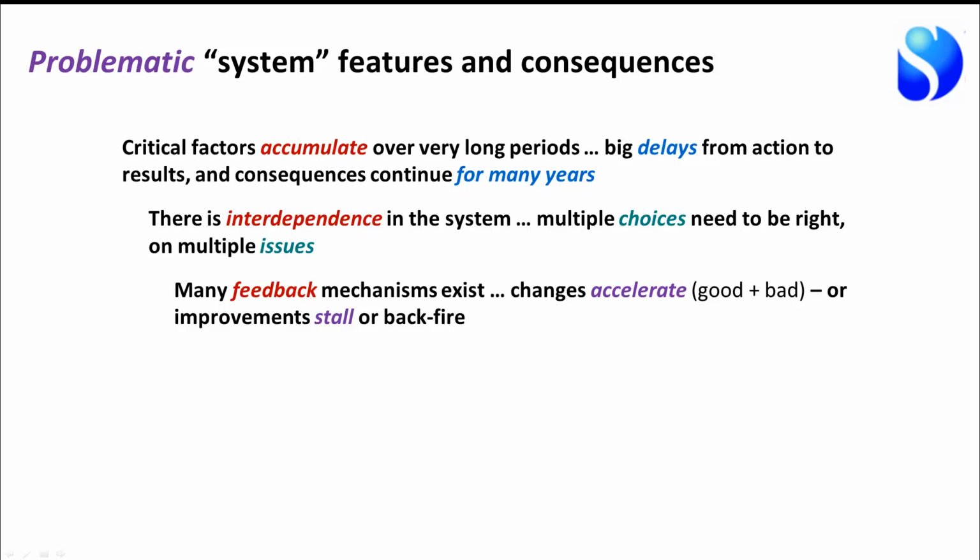So if people start trading across a border, other people see that that's possible and an attractive thing to do, and more people start doing that. So that's an example of a good acceleration of progress. More traders bring more traders. There can be bad reinforcing effects as well. However, there's a different kind of feedback altogether, which is that improvements that start happening end up stalling or actually backfiring.